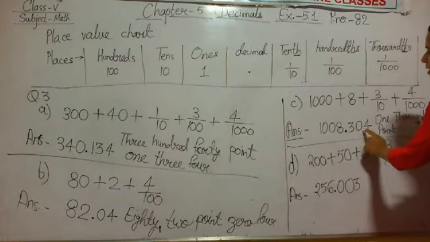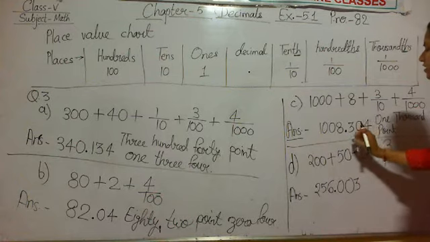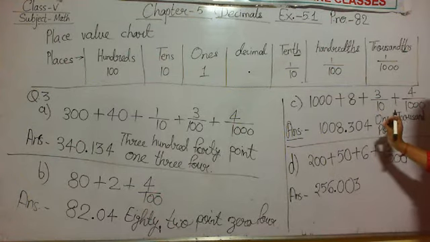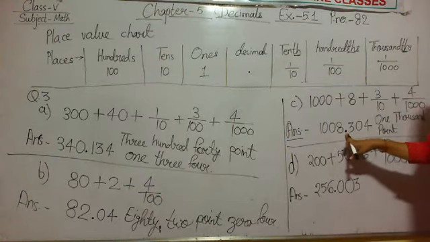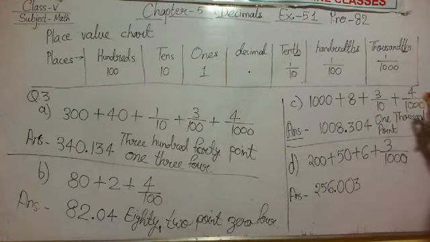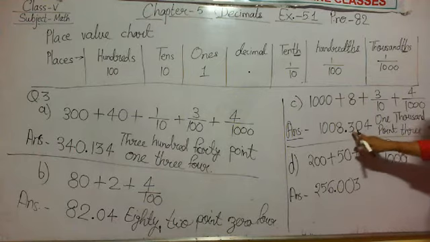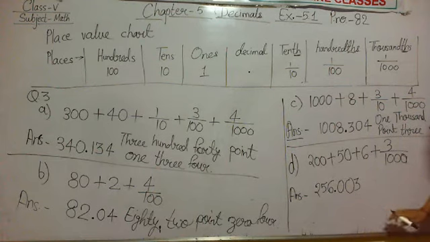We read the digits to the right of the decimal separately. So 3, 0, 4, not 304. We write the digits right of the decimal individually, separately.